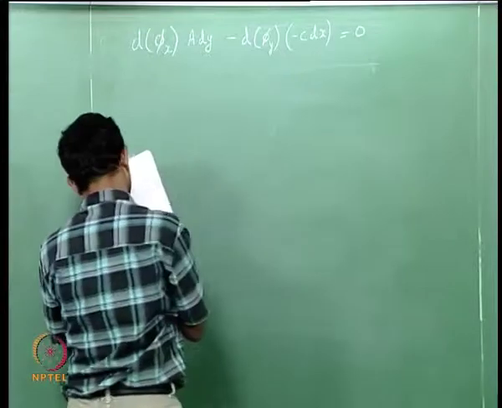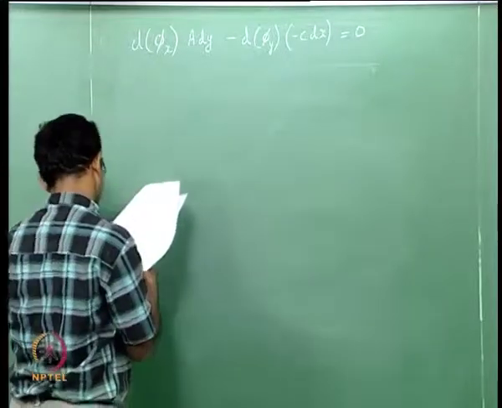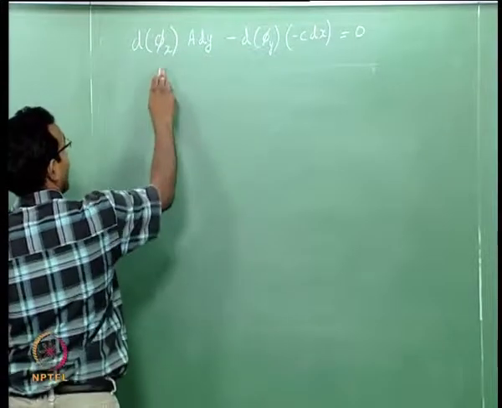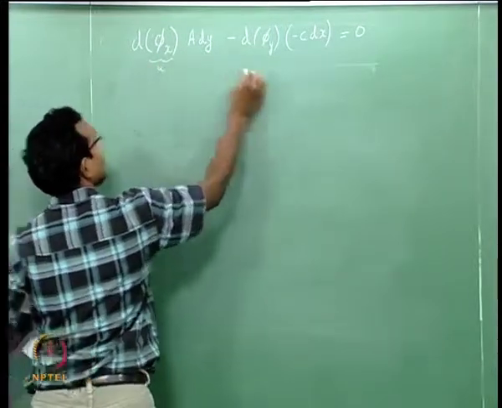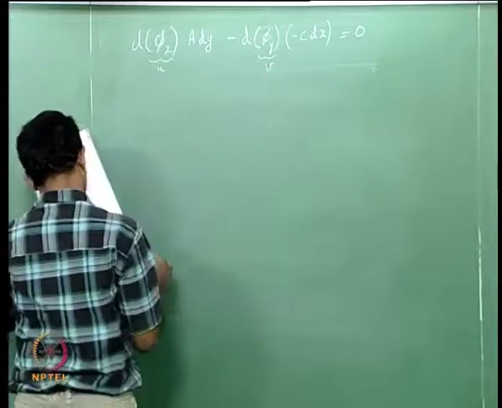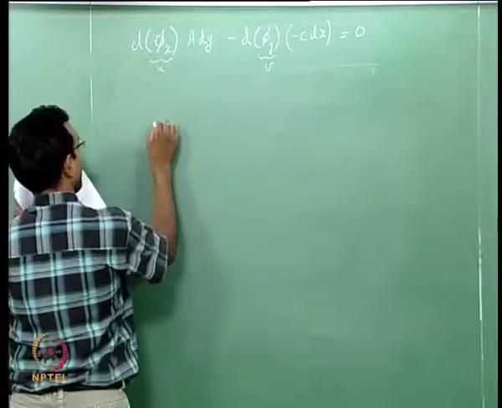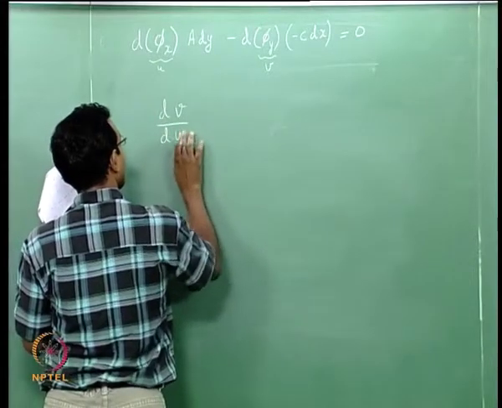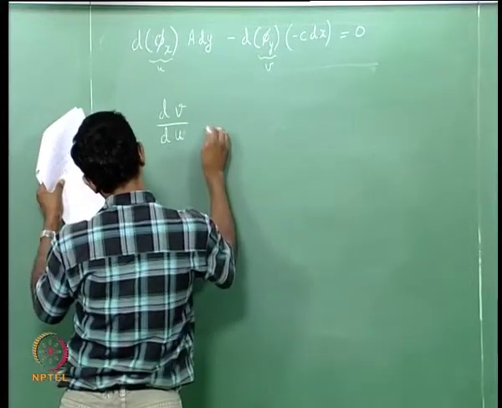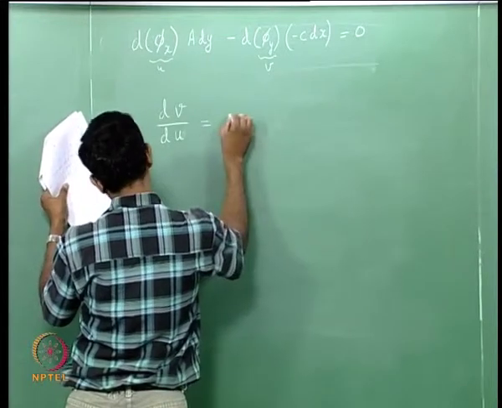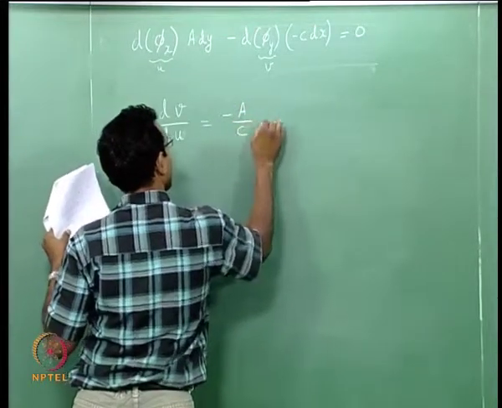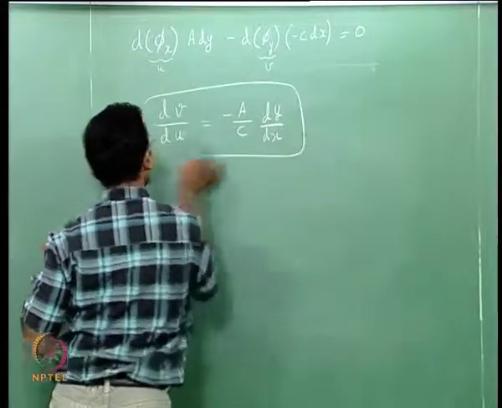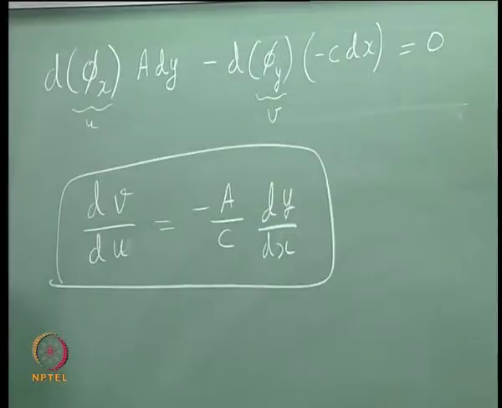You get to this particular expression. This is the determinant of that particular thing. Okay. If I rearrange this, where I will again substitute this is my u, this is my v, I will get to a form where dv by du is equal to minus a by c dy by dx. I get to this particular form.